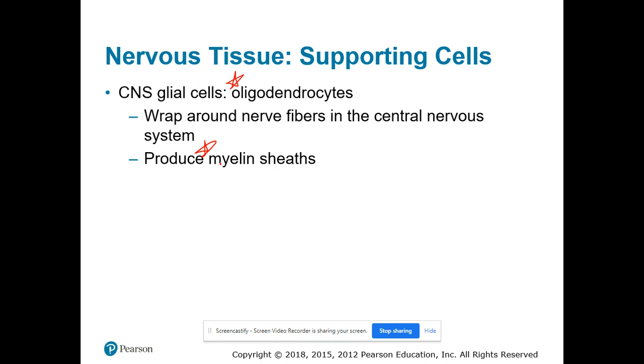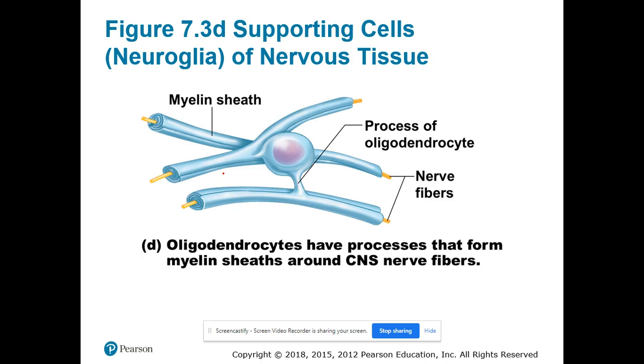Myelin sheaths we're going to bring up, but basically these help protect but also help speed up the electrical impulses that are sent down a neuron. So here is an oligodendrocyte covering a nerve fiber, and they just provide that myelin sheath, or that covering.